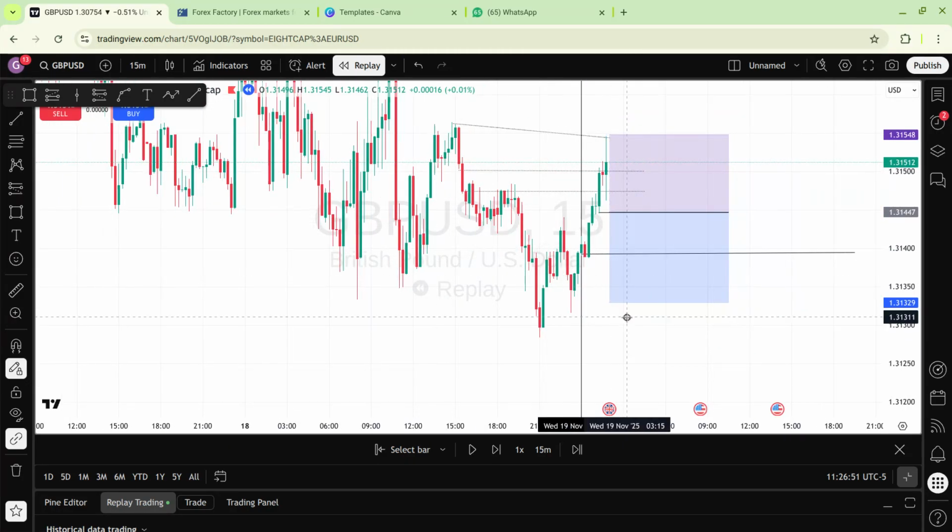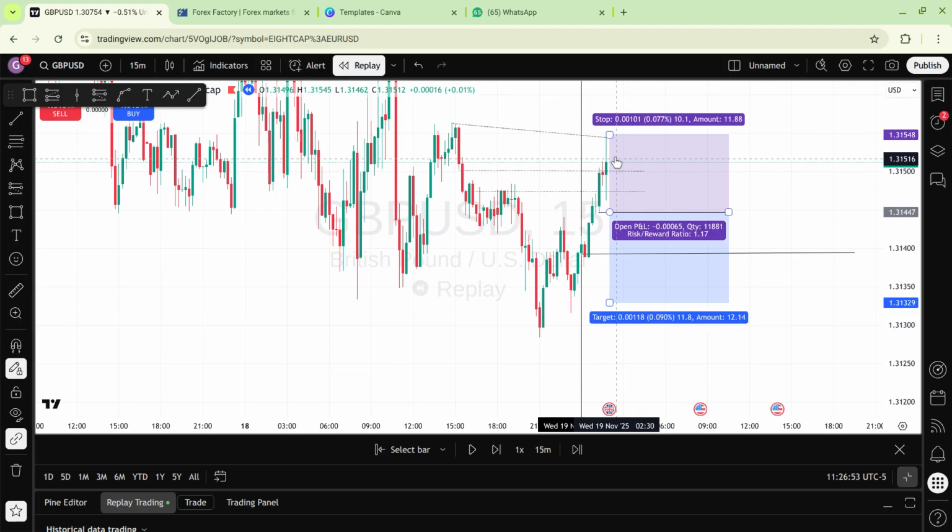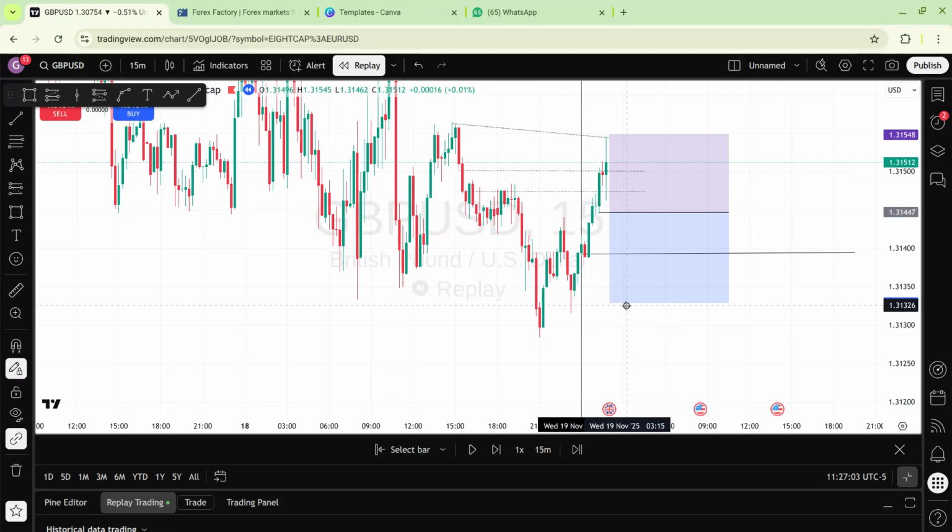So this was the trade that I had. I entered immediately. I really and truly entered somewhere around here because I started selling 10 seconds before. So I entered at the open of the new candle, but I just framed the setup like this.